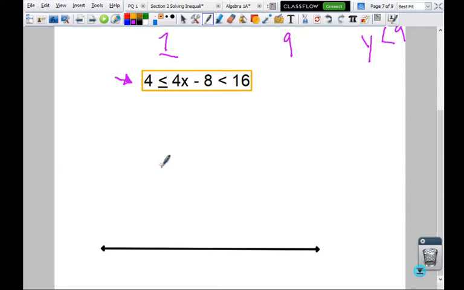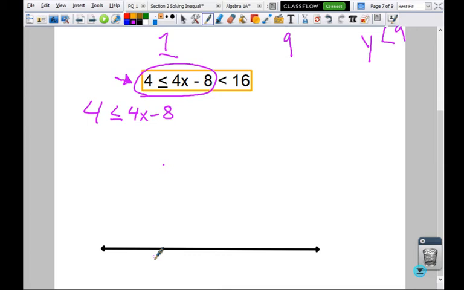So we have to set this up with 2 different problems. Let's start with the left part. Remember, these share the middle piece. So I'm going to have 4 is less than or equal to 4x minus 8 for my left part.